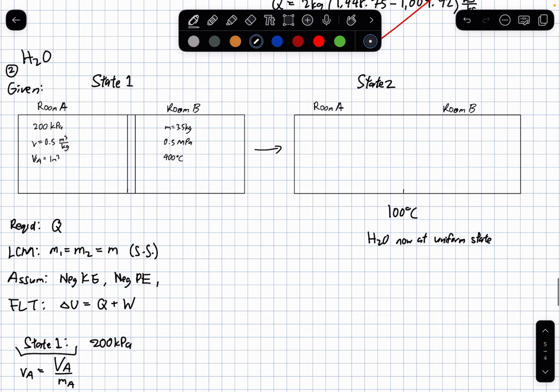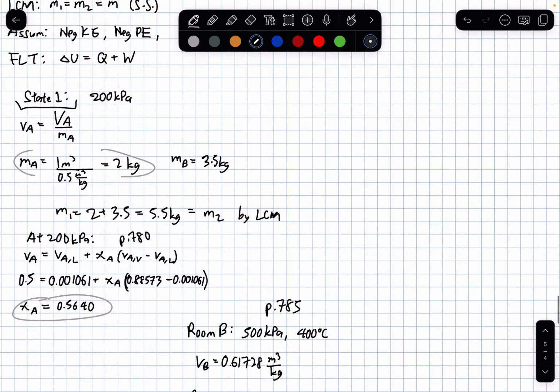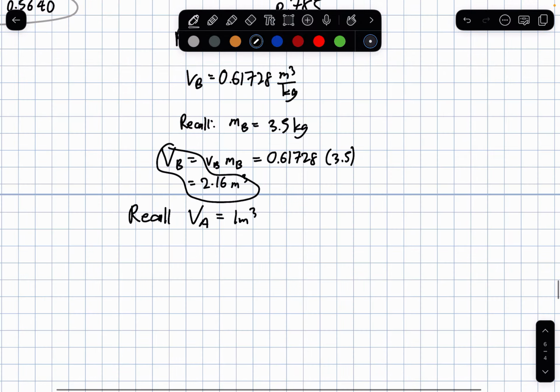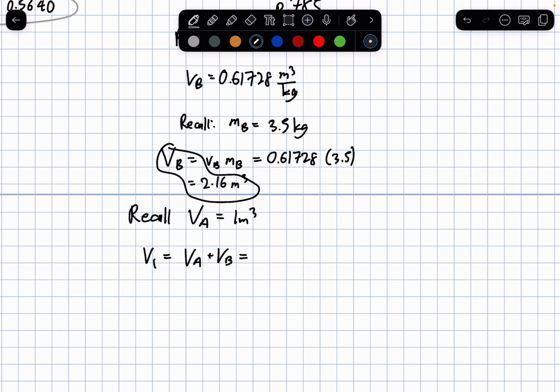In that case, what is the volume for room A? One meter cube. So therefore, the volume of state 1 is 3.16 meter cube.